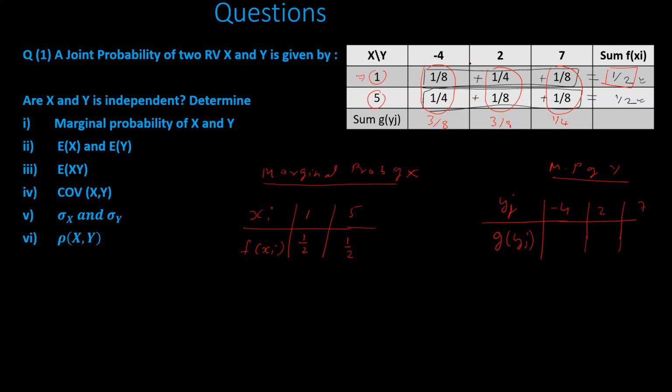For -4 it is 3/8, for -2 it is 3/8, and for 7 it is 1/4. If the joint distribution table is given to you, you can directly write the marginal probability of x and the marginal probability of y.